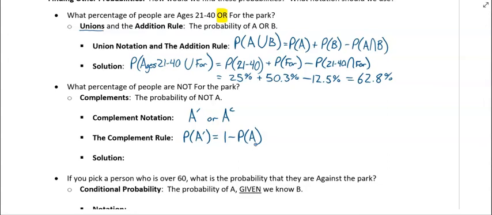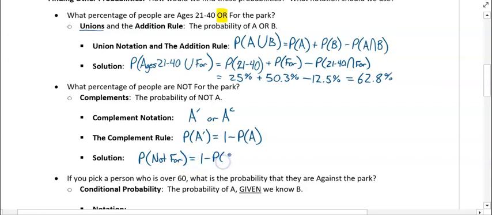And in our context here, the probability that we are not for the park, or you could say 4 prime if you want, is going to be 1 minus the probability that they are for the park.